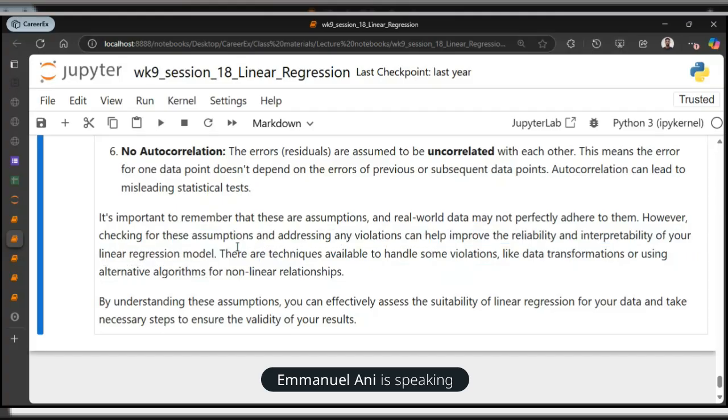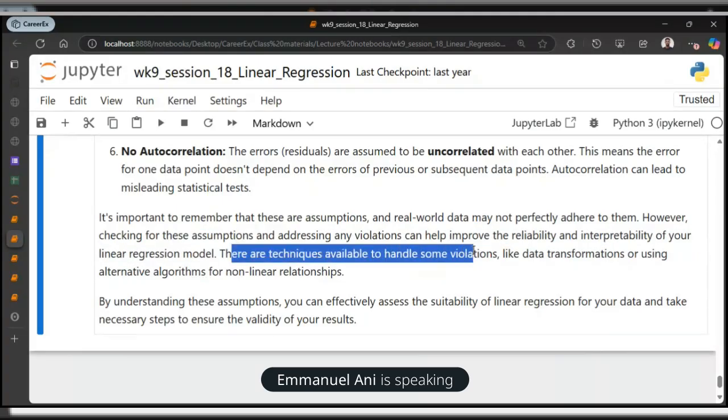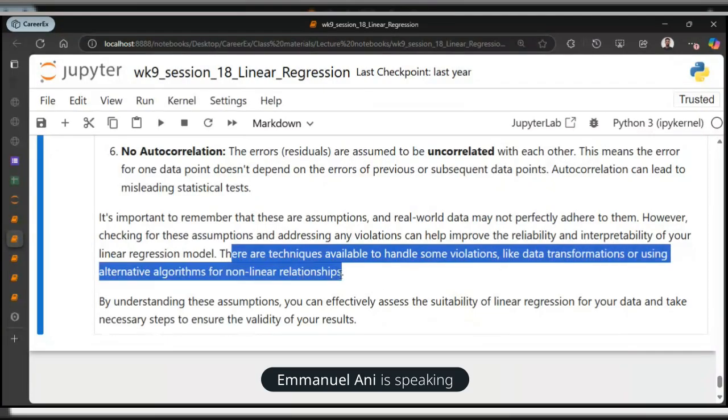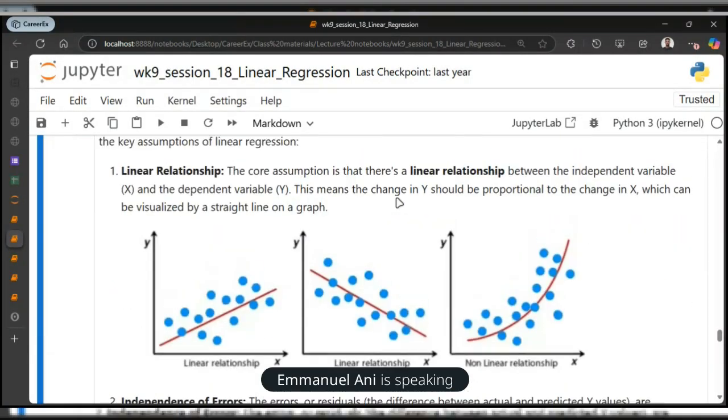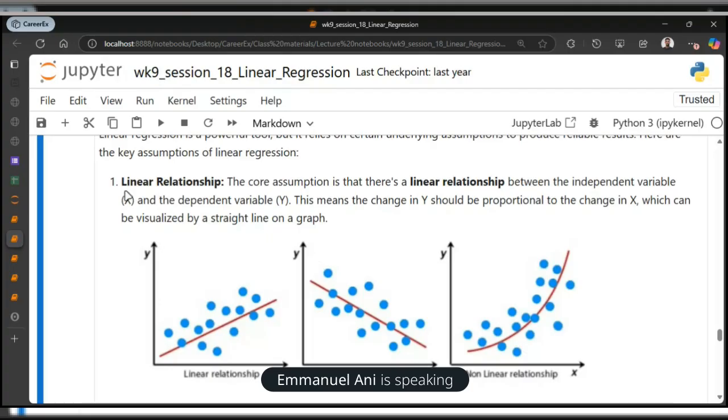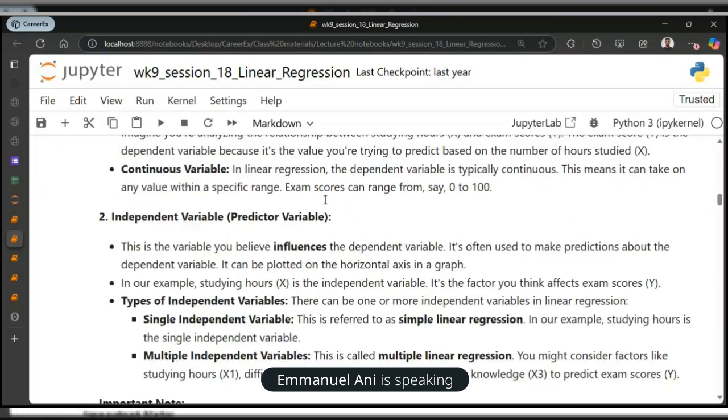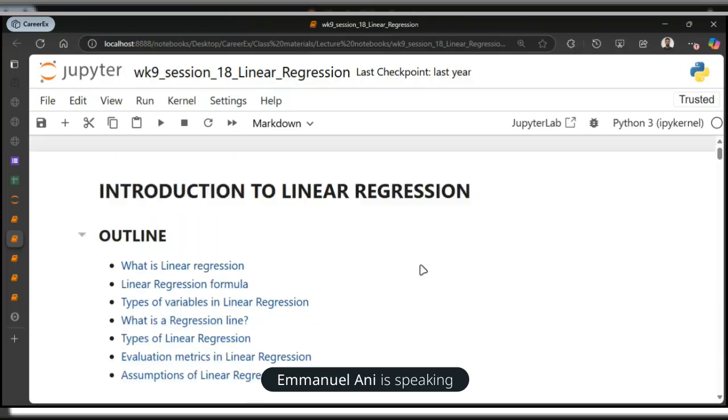There are techniques available to handle some of these violations, like data transformation or using alternative algorithms for non-linear relationships. The one that is mostly checked is the linear relationship assumption. This is one of the most important here. I believe this has given you an idea of linear regression. It is a very important algorithm used in machine learning for regression tasks.